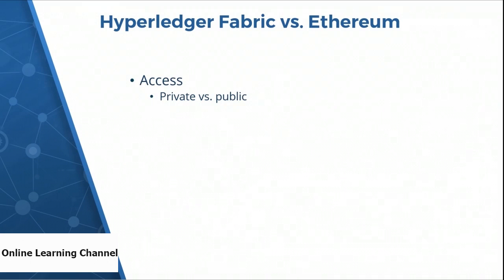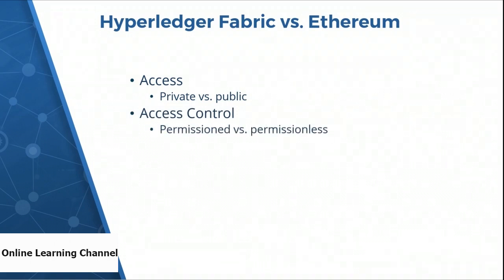Ethereum, on the other hand, is a public blockchain network, and as long as you have the required hardware and software, you can become a member. In terms of access control, Hyperledger Fabric is a permissioned network, so you can regulate who has access to what and to what degree. This is not the case with Ethereum, where everyone has the same degree of access to all resources.